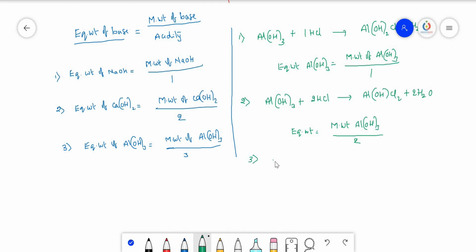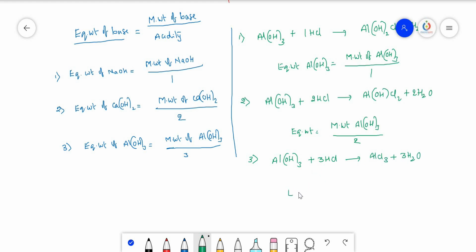Similarly, the last one: aluminum hydroxide now reacted with 3 moles of HCl, so that AlCl3 plus 3H2O has been formed.